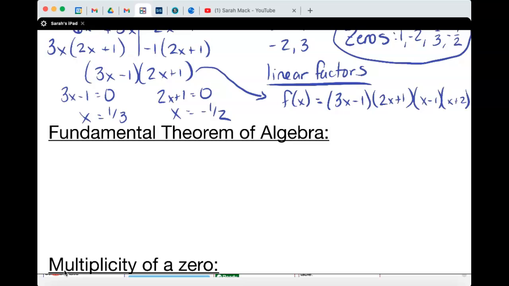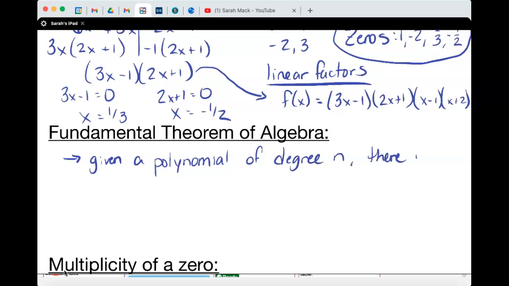So fundamental theorem of algebra. I kind of talked about it a little bit. So basically, given a polynomial of degree n, there is at least one zero in the complex number system.